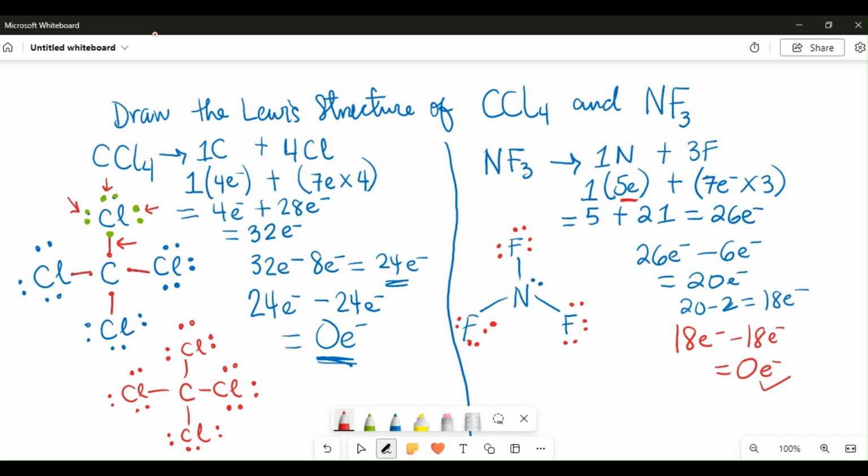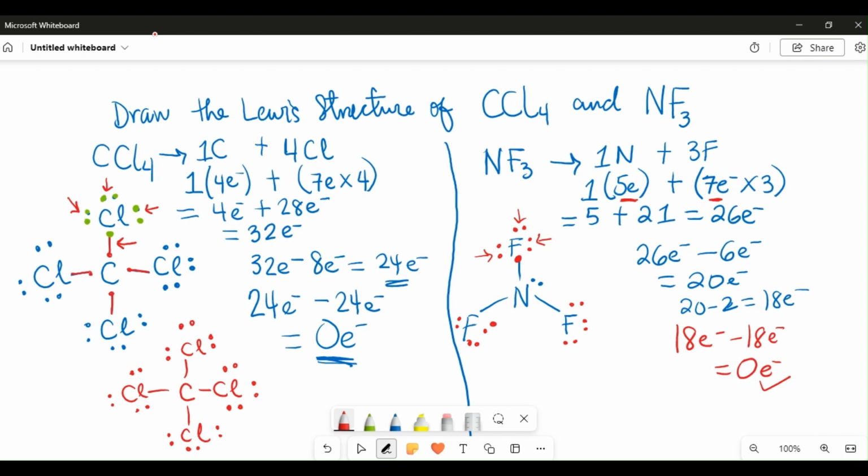Now we have to go back to our structure to make sure we did it right. We see that a fluorine atom is supposed to have 7 valence electrons next to fluorine. So we've got 2 here, 4, 6, and then this one right next to fluorine, which is 7. So the valence electron understanding for fluorine is perfect.